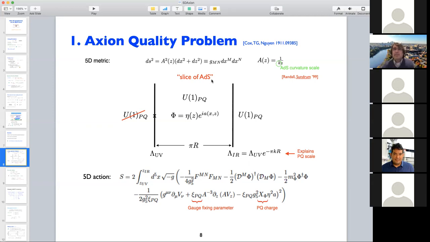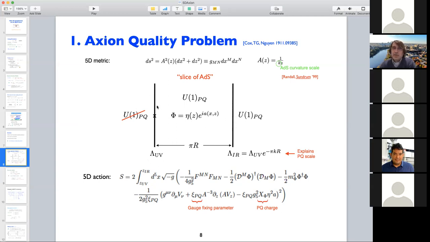But right now, we can just think of this as basically a Randall-Sundrum setup where we've got the fifth dimension. I'm going to refer to Z as the fifth dimension, and X are the four space-time coordinates. So here is a 3-brane with a UV cutoff, and then here is an IR brane.